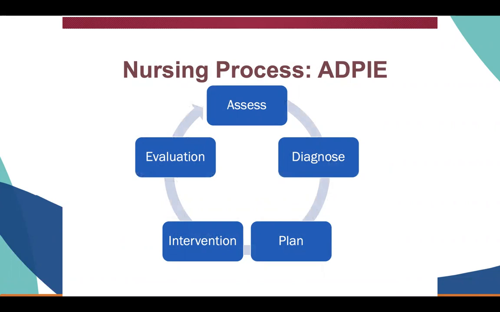Planning questions will ask about determining or prioritizing and modifying outcomes of care. Intervention or implementation questions reflect the management and organization of care, as well as the assignment and delegation of tasks. Then evaluation questions can focus on comparing the actual outcomes of care with the expected outcomes, and on communicating and documenting the findings.